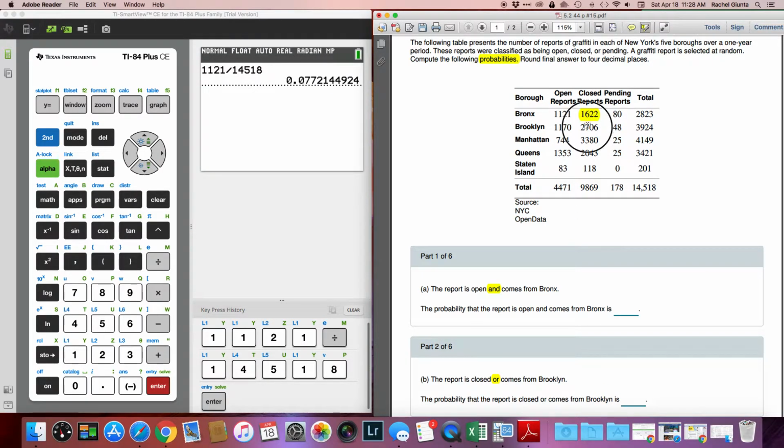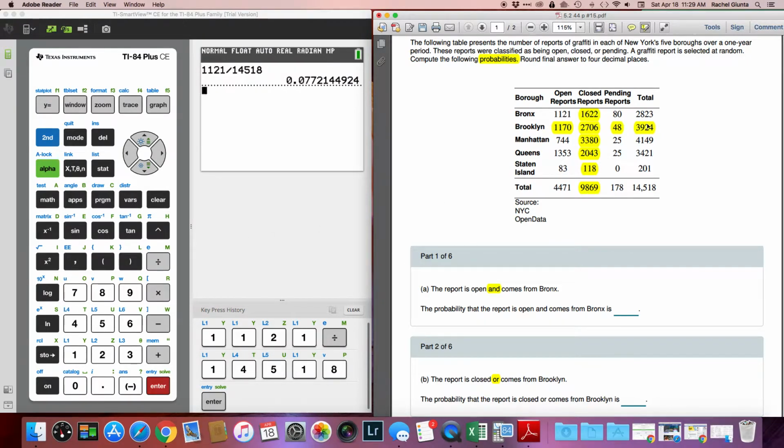So we need all the closed reports, which have been totaled up for us here. And we need to add to that all the Brooklyn reports, which are totaled up here. But this group of numbers, the 2706, since they're in both categories, we have to be careful to not count them twice. So this is the one where you're subtracting out part of it.